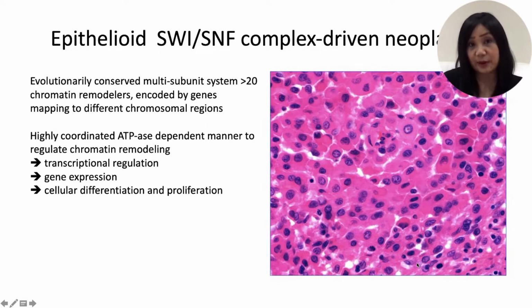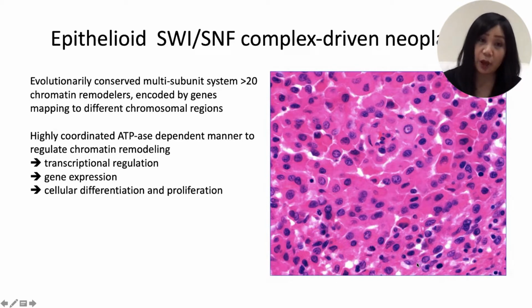The SWI/SNF, switch/sucrose non-fermenting complex is a very ubiquitous complex and represents an evolutionarily conserved multi-subunit system of more than 20 chromatin remodelers. This is a chromatin remodeling complex that is ubiquitous and is needed for normal cellular activity.